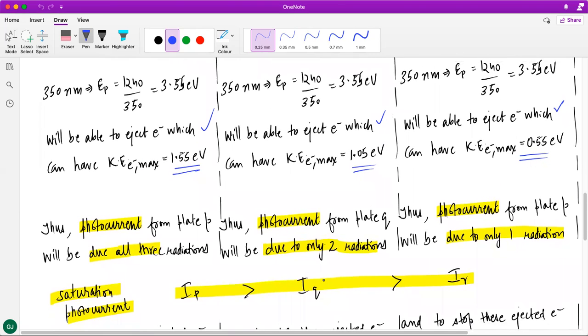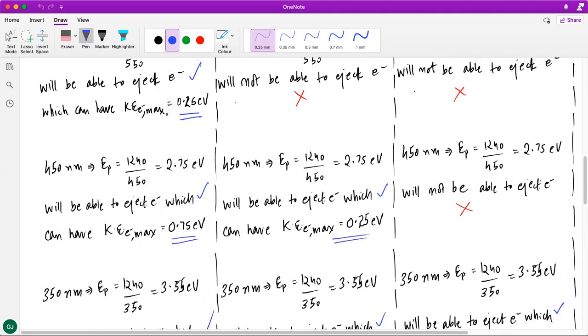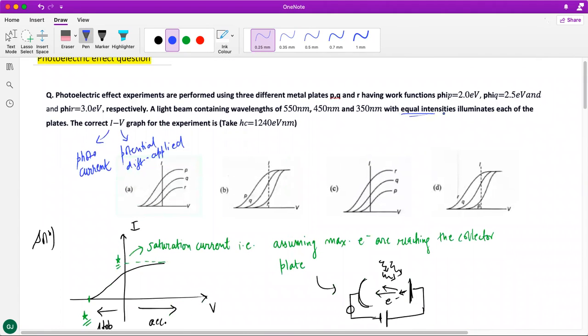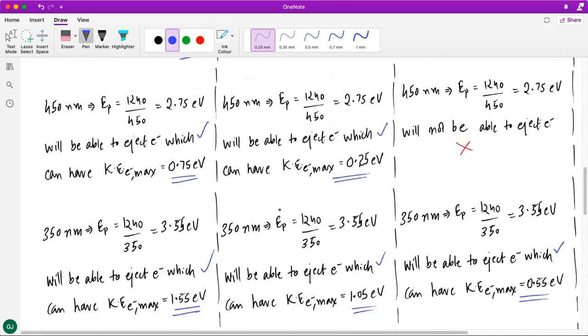Now, why was I able to compare the photocurrent? Because it was given in the question that the intensity of all three radiations is the same, right? So what do I mean by that? Equal intensity means all these radiations had the same count of photons.